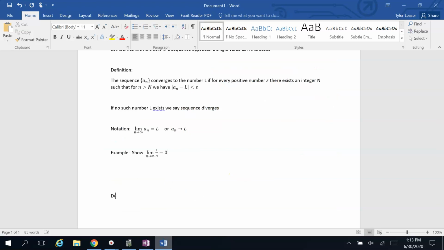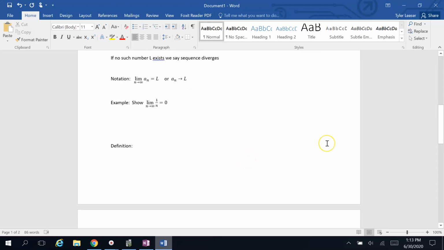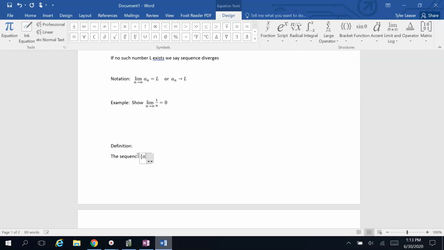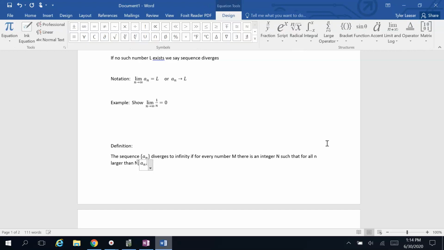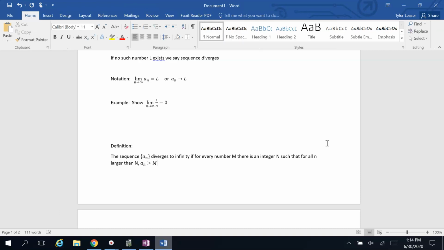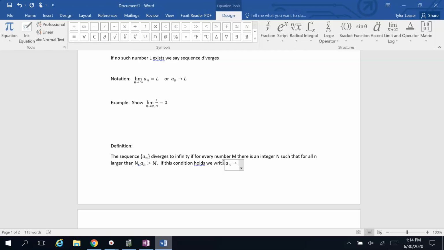We do have another definition here. Okay, so the sequence A sub n diverges to infinity if for every number capital M there is an integer capital N such that for all n larger than capital N, A sub n is greater than M. If this condition holds, we write that A sub n just blows up to infinity.